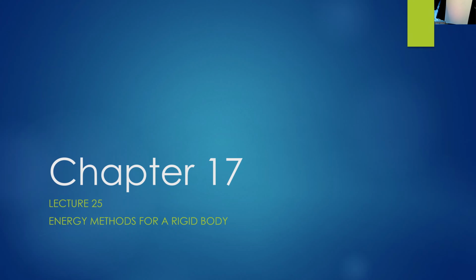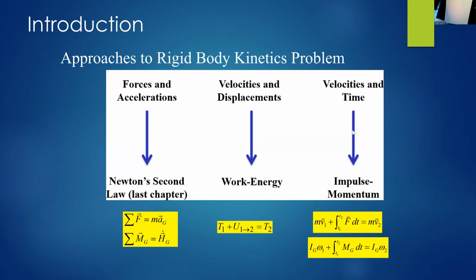We try to make our problems as simple as possible, in terms of our assumptions. Obviously things can get much more complicated, but we don't need to worry about that now. We're just looking at the basics. So remember that we looked at forces and accelerations. That was primarily what we did in chapter 16, right?